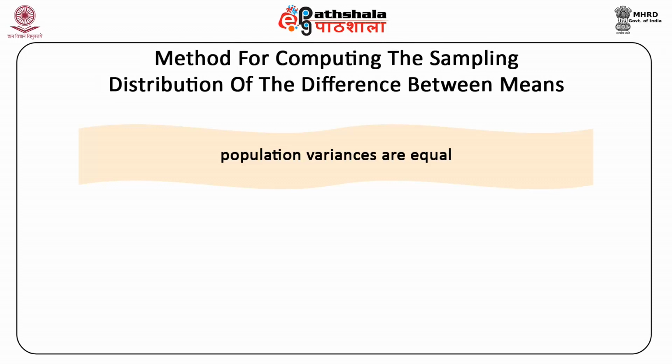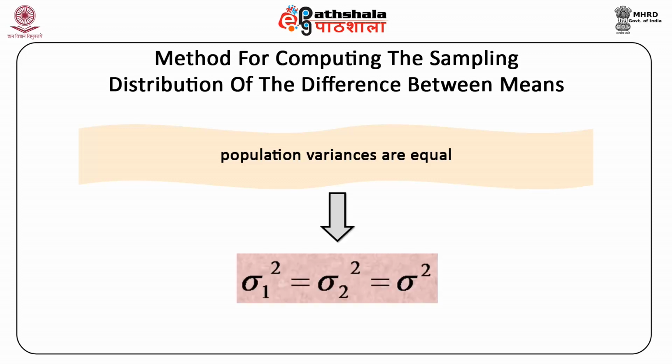In other words, when the two population variances are equal, then there is some variance sigma squared common to both populations. That is, sigma1 squared is equal to sigma2 squared is equal to sigma squared.